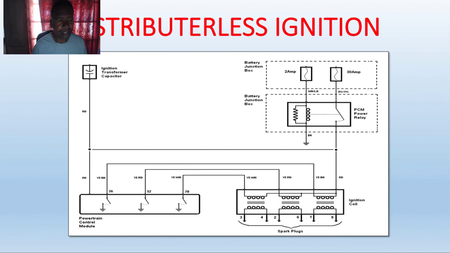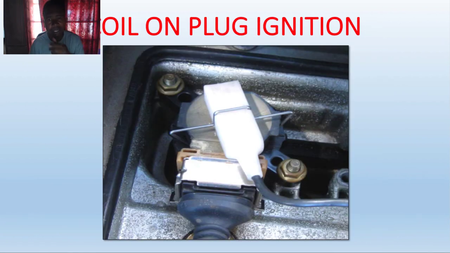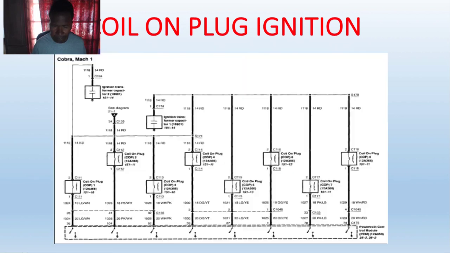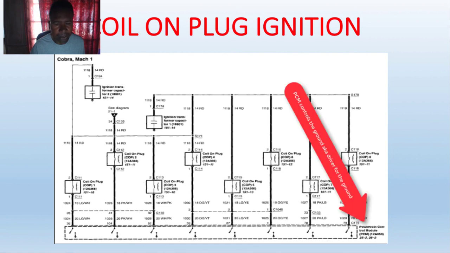Now here's the coil on plug system. Look, no distributor cap, no distributor, no wires. It's just a coil that sits on top of each plug. And here's a wiring diagram of the coil on plug. What's this? 8 coils? 1, 2, 3, 4, 5, 6, 7, 8 coils.